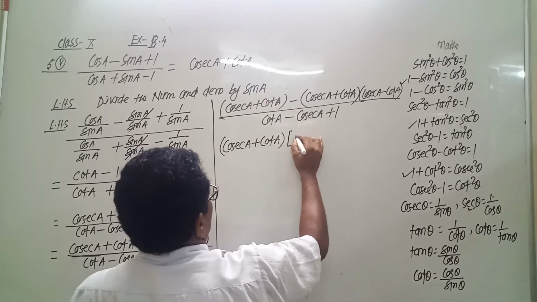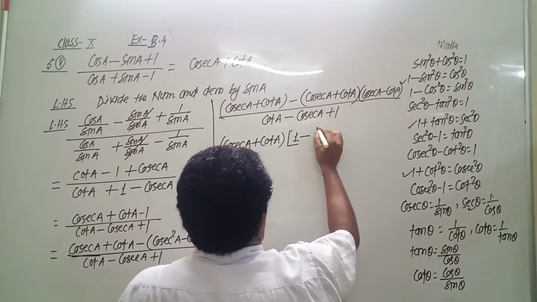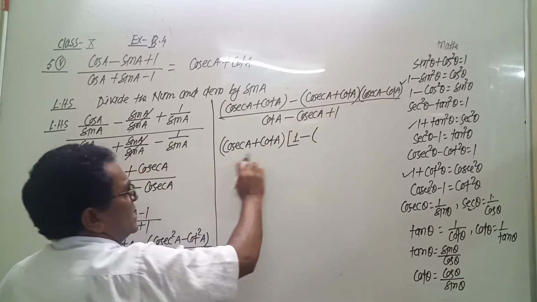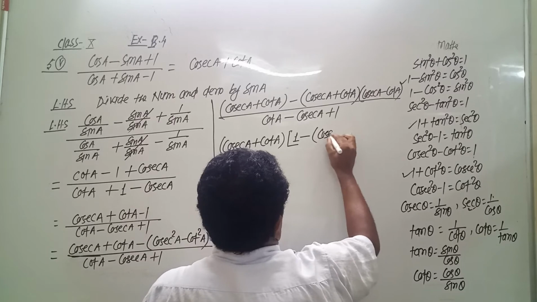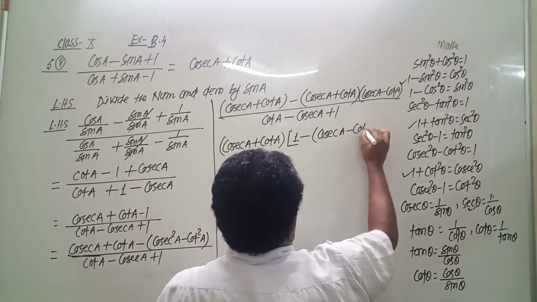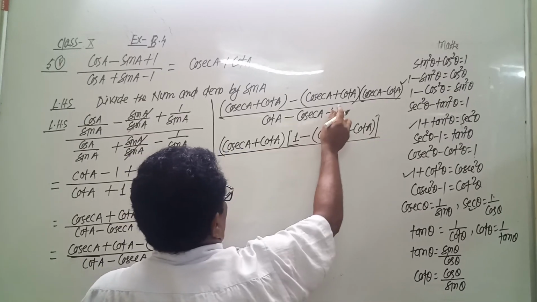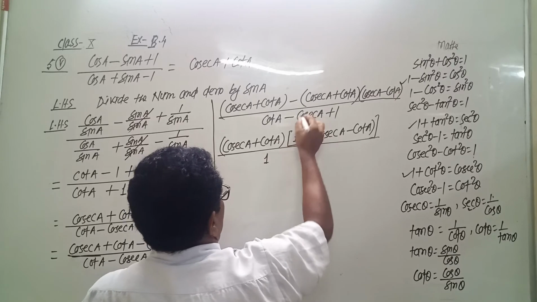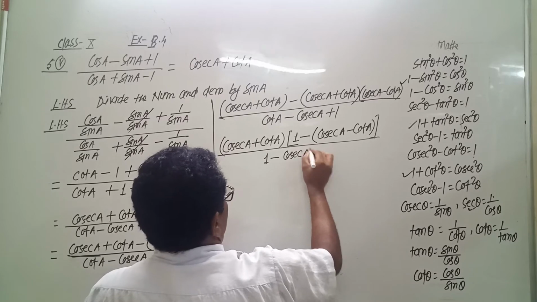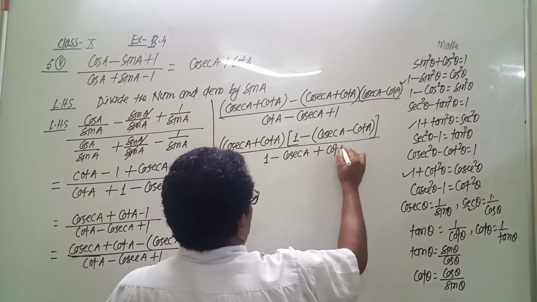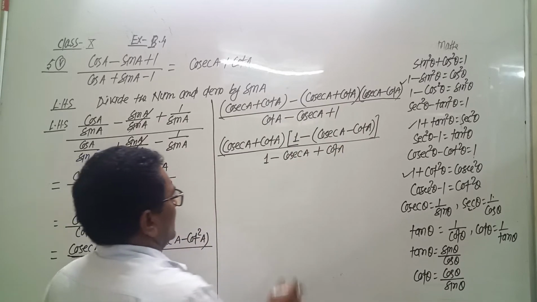Then from here we get 1, because the whole term we have taken common, and from this term we have taken cosec A plus cot A common, so we get cosec A minus cot A, upon this 1 written first, 1 minus cosec A and then plus cot A.